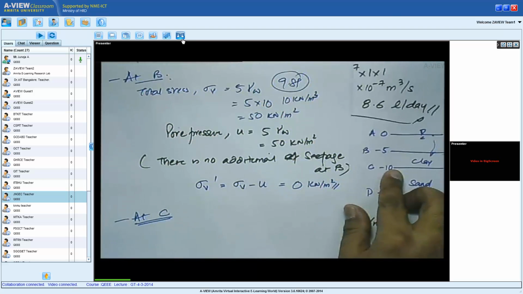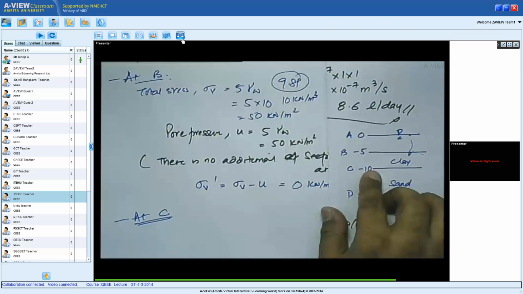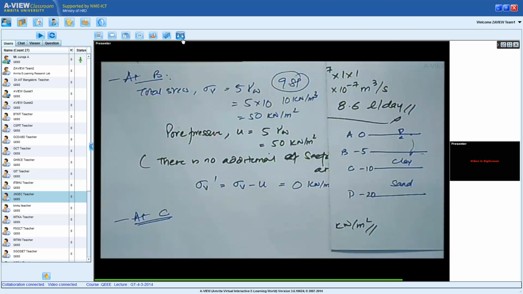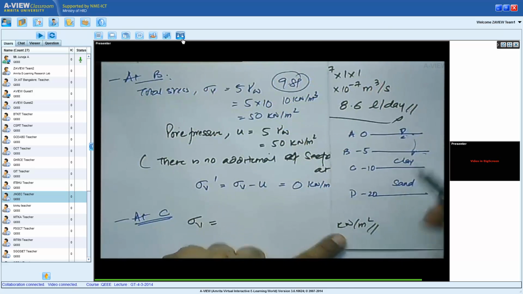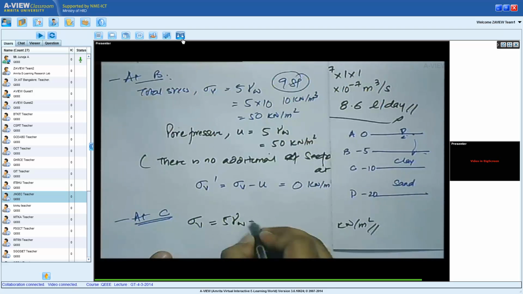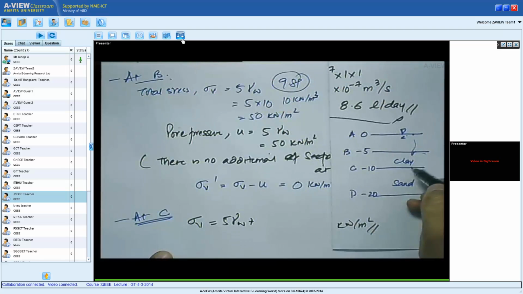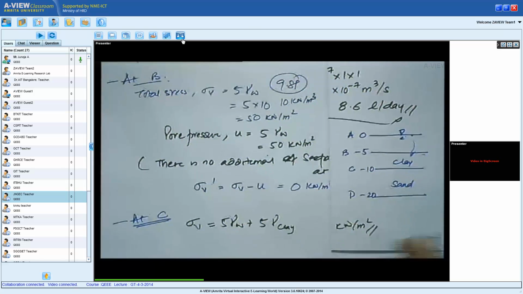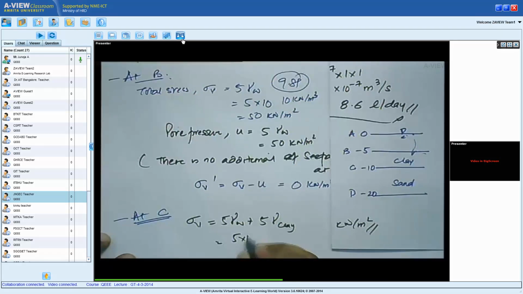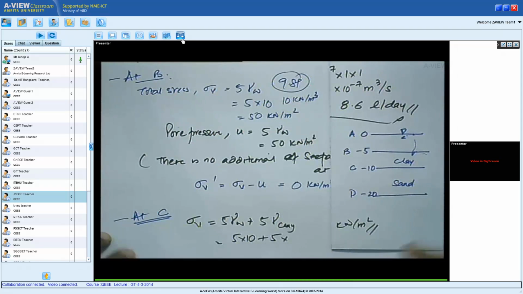C is the bottom of the clay layer. So what about total stress? Let's start with sigma. The total stress is the weight of this water, so it's 5 times gamma W plus the weight of this soil. This soil is 5 meter thick, so 5 times gamma of clay, that's equals to 5 into 10 plus 5 into the gamma of clay.